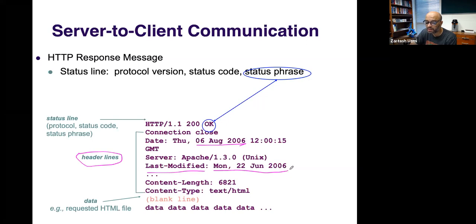That is also given here. Based on this information, you can figure out how stale the information is. If it is a news website and it's a very old date here, that means the news is pretty old. Okay. And then the content length and content type, and then lots and lots of data. Whatever you have requested, that file will come right here. The HTML file will be here.